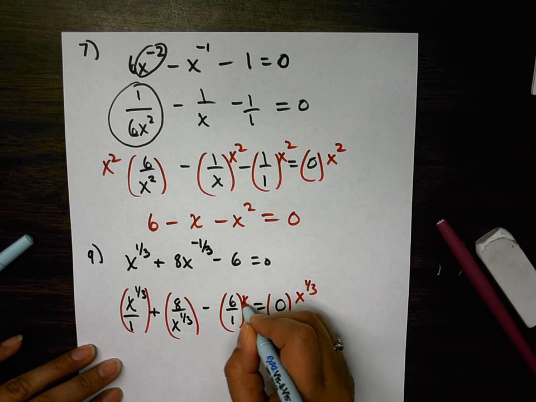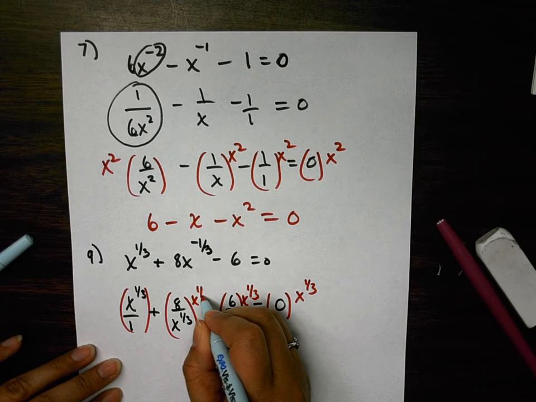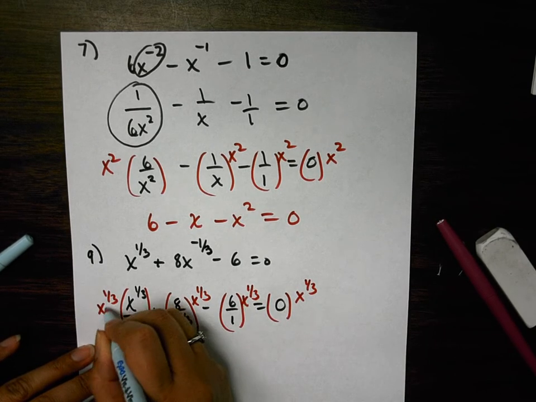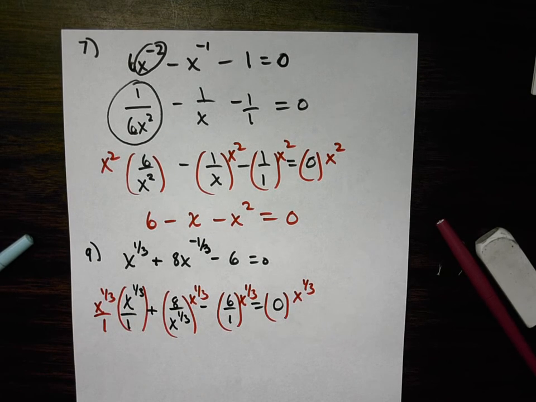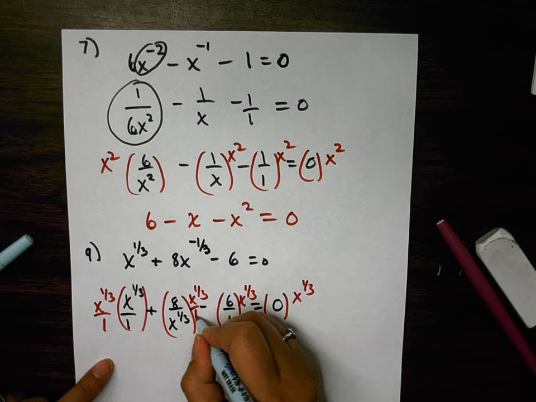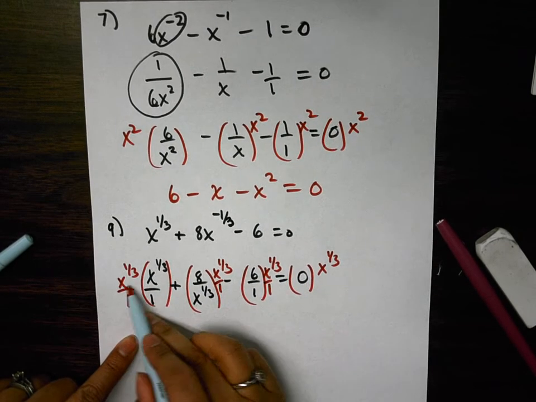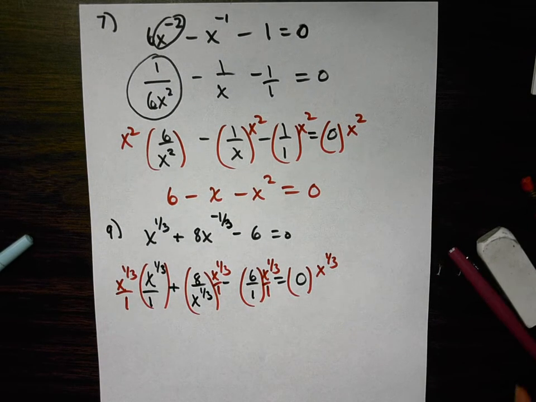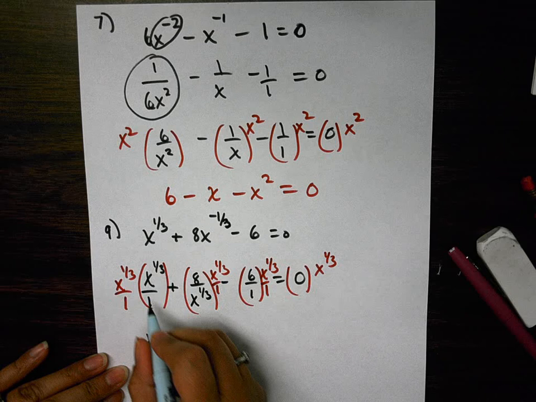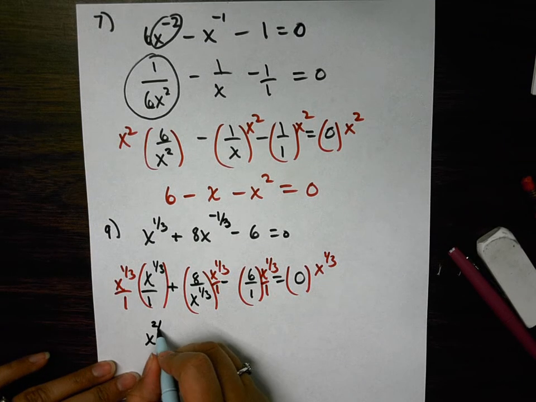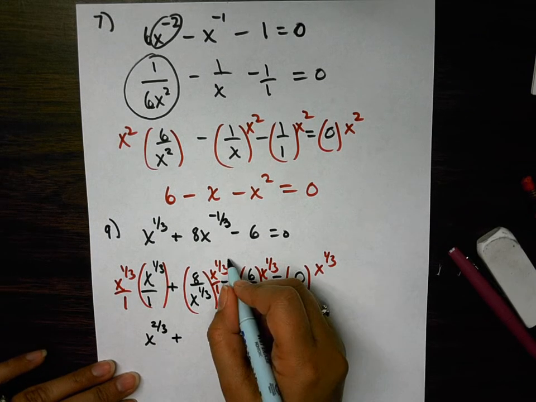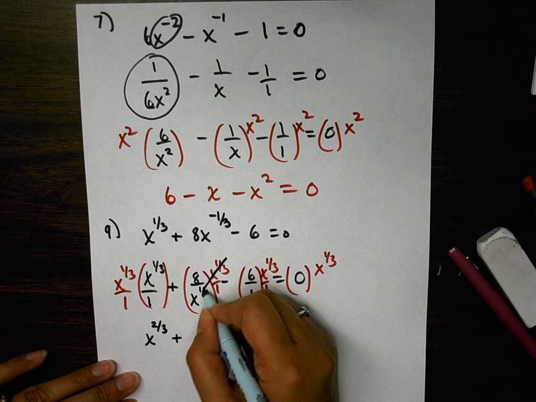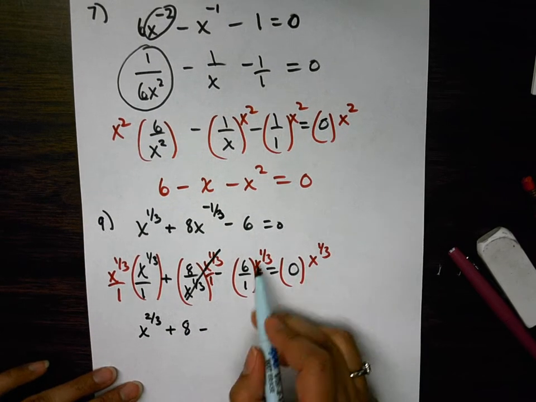X to the 1/3. All right, on this first one here, nothing reduces, but when I multiply like bases, what do I do with the exponents? So x to the 1/3 plus 1/3 is 2/3. This one reduces completely.